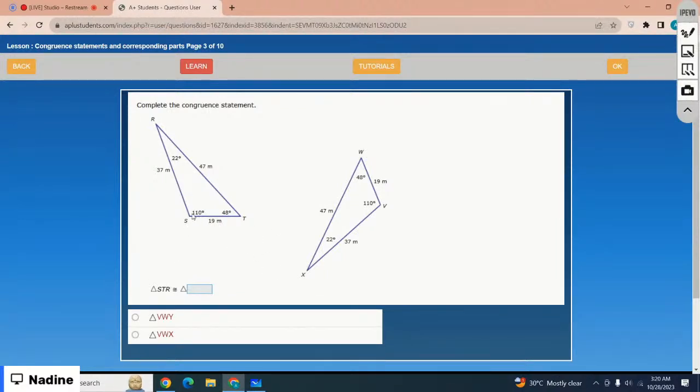If you match the sides, S corresponds to V, T is congruent to W, and R is congruent to X. That means STR is congruent to VWX. That is option number 2. VWX it is, right?